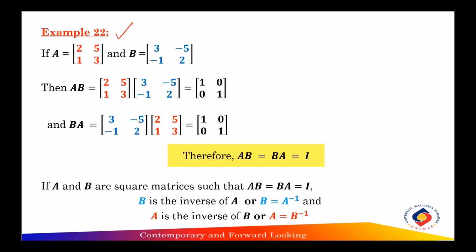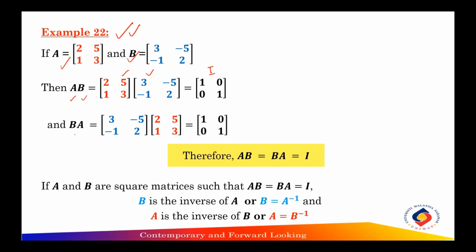Now look at example 22. You are given two matrices here, and as you can see, the multiplication process is carried out. When matrix A is multiplied by matrix B, we can see that the resulting matrix is the identity matrix.